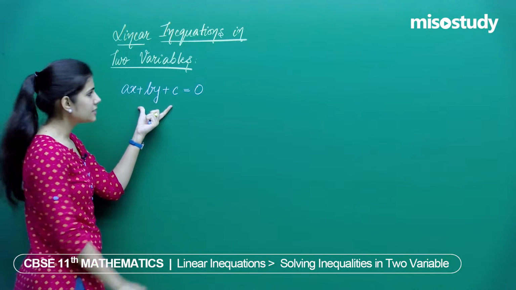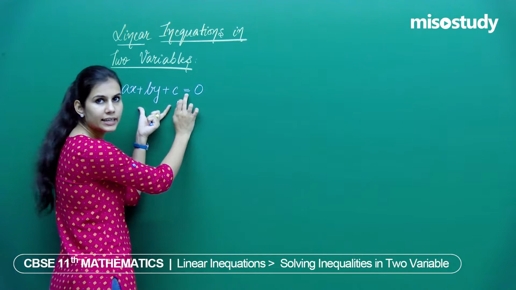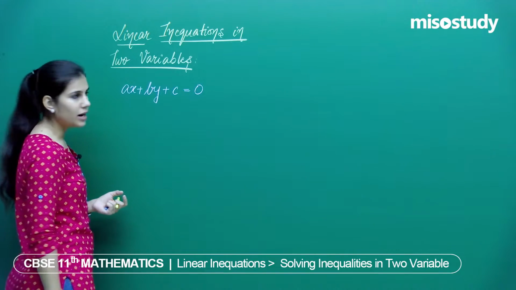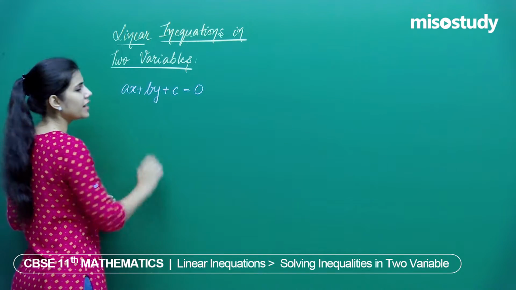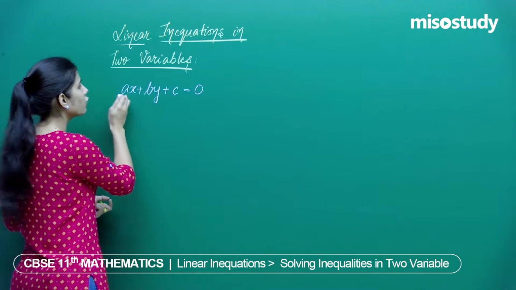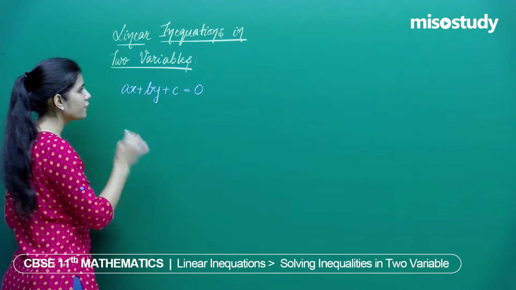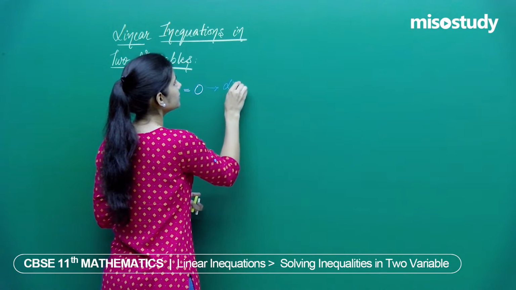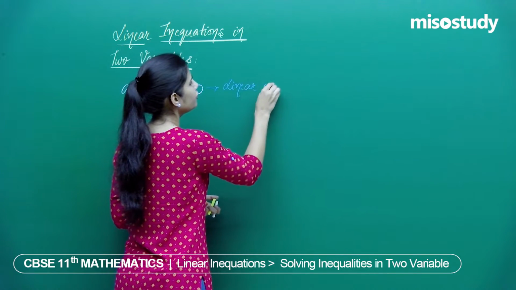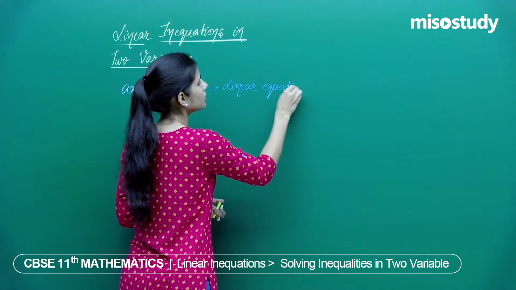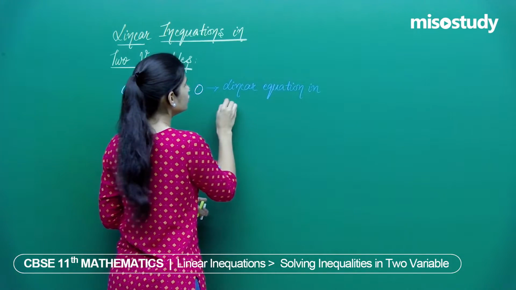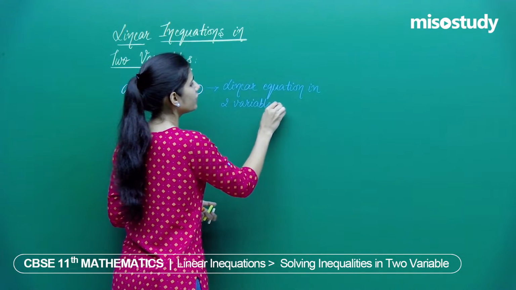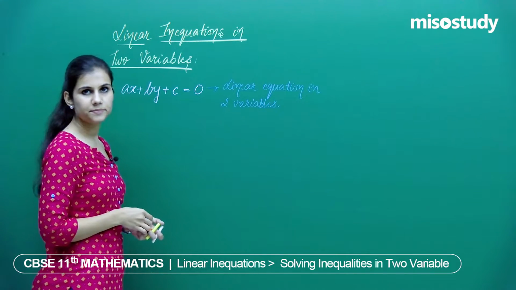This represents an equation, not an inequation, but an equation in two variables x and y, but because x and y are sitting with their highest powers as 1, because their coefficients are non-zero as I said, therefore this represents what? A linear equation in two variables. Not inequation, but equation in two variables, that too linear.